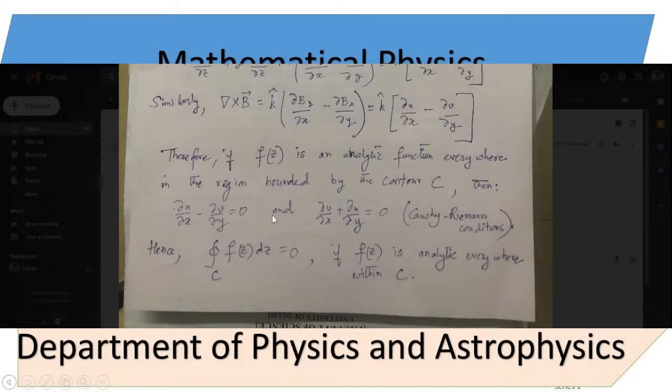So on Thursday, I will take a few examples where I'll use this Cauchy theorem to obtain exact and analytic expressions for integrals. Okay, I'll stop here.